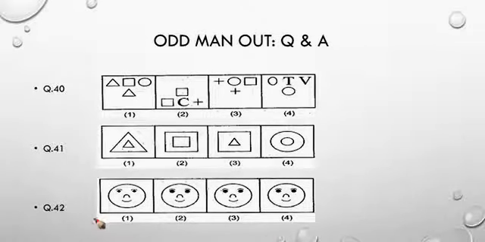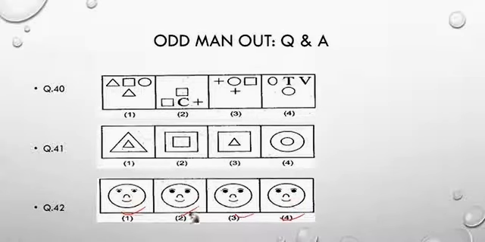Now let's go to question number 42. In question number 42, there are four options given. There is one face that has been drawn. The lips and the nose are exactly same in each of the problem figures. So now what is left is we have to see the eyes, structure of the eyes, composition of the eyes.